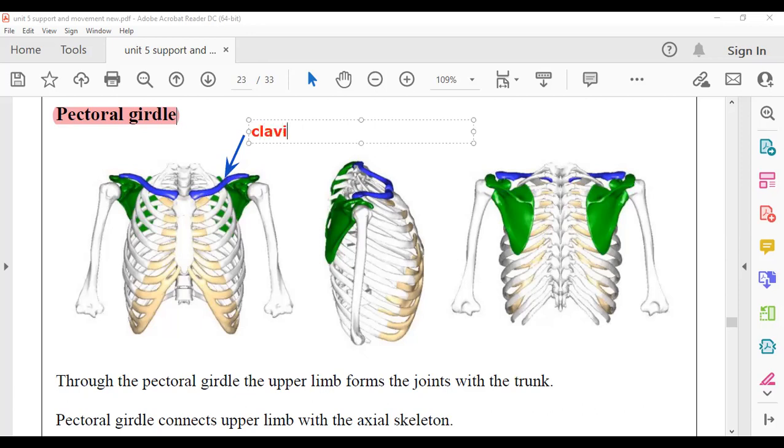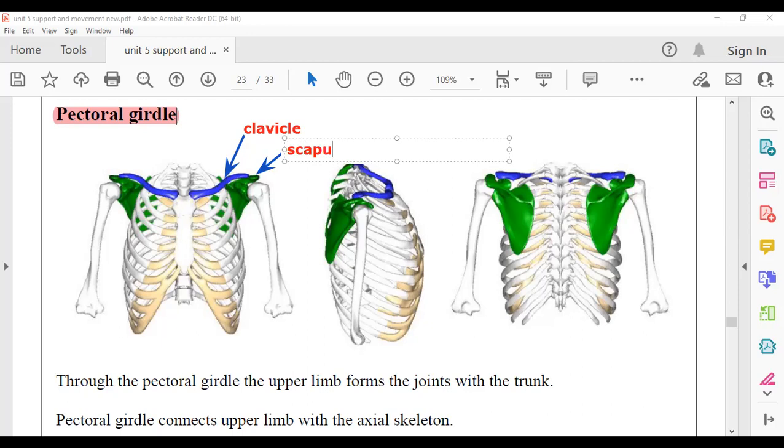It is the bone called clavicle. So we have two clavicles, one right clavicle, one left clavicle. And we have two shoulder bones called scapula.